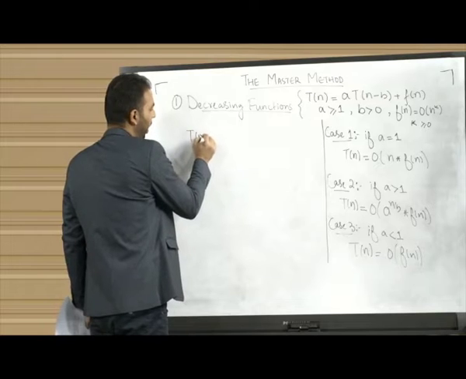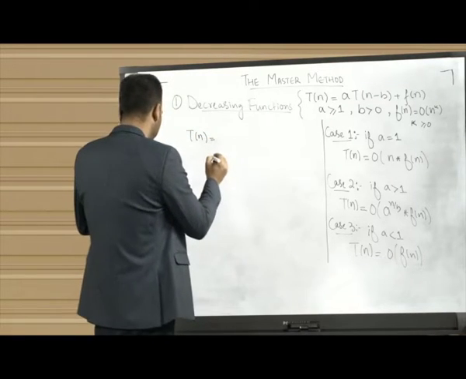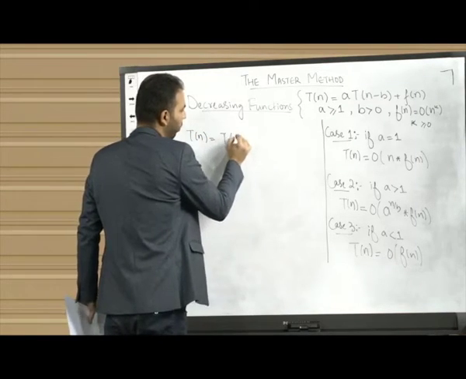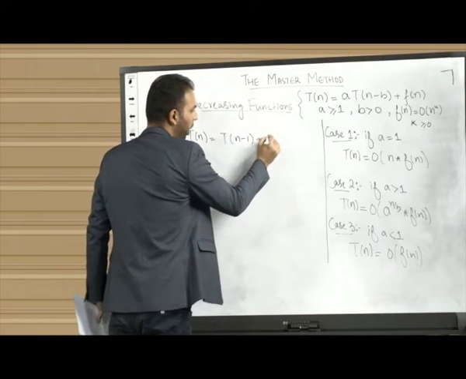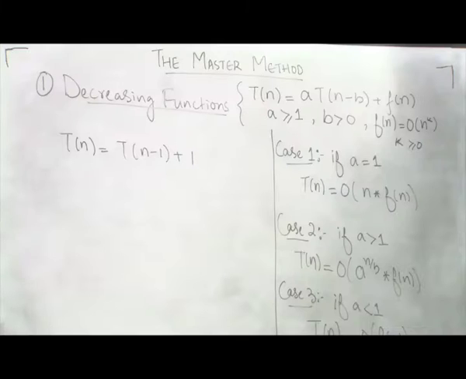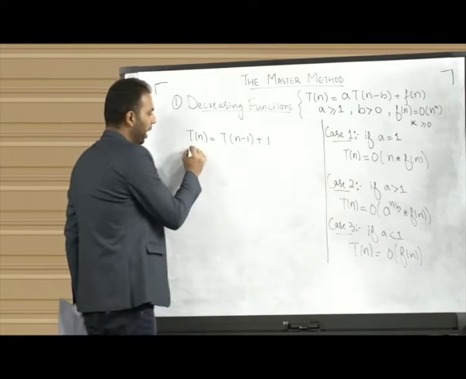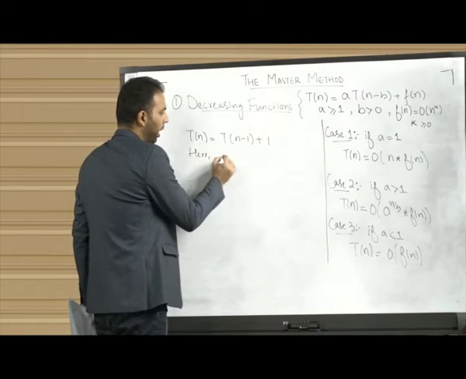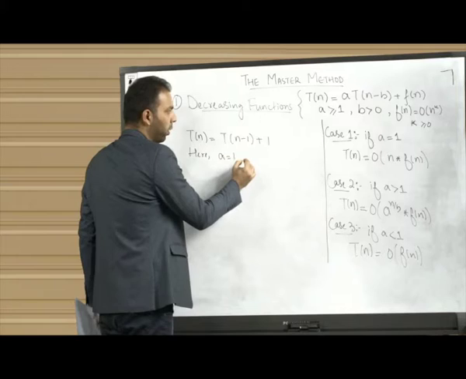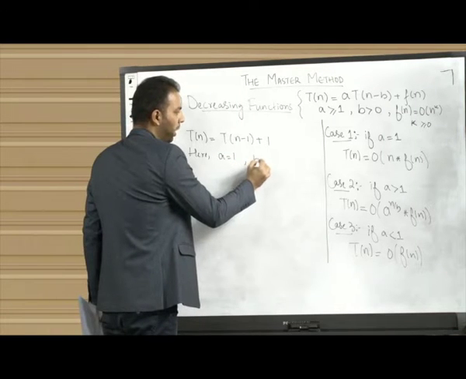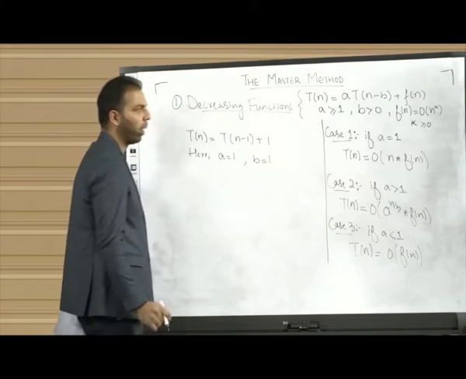So let me take first example. If your T(n) is equal to T(n minus 1) plus 1, here A is equal to 1, and your B is also equal to 1.